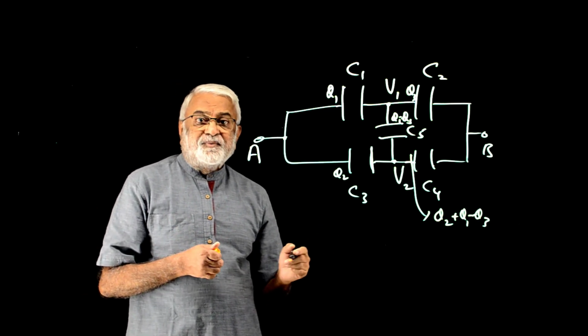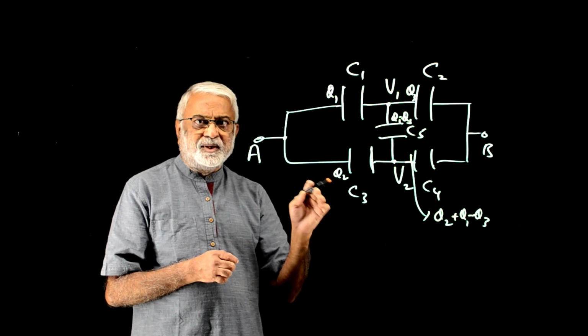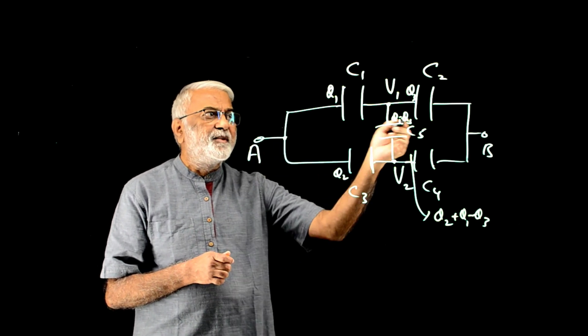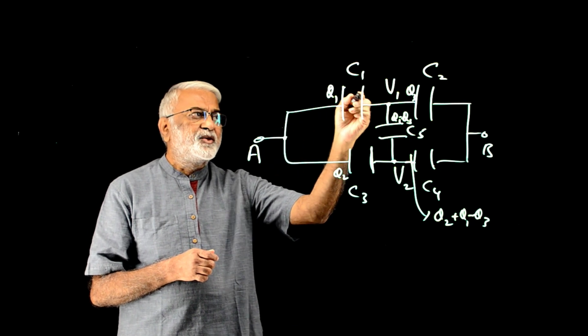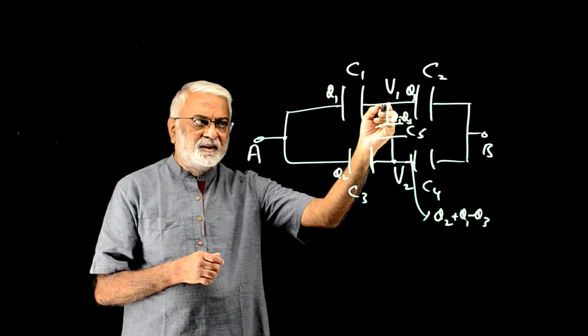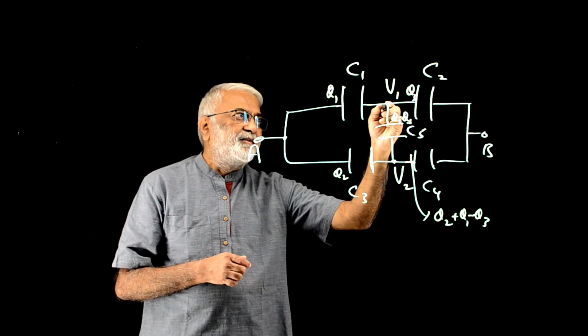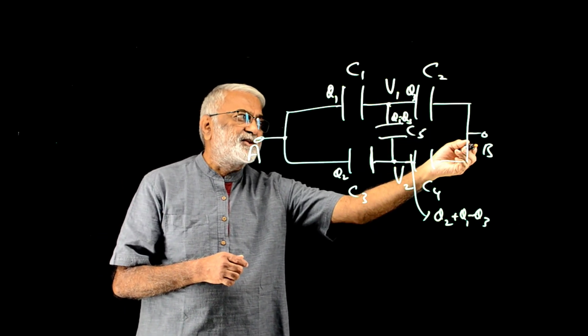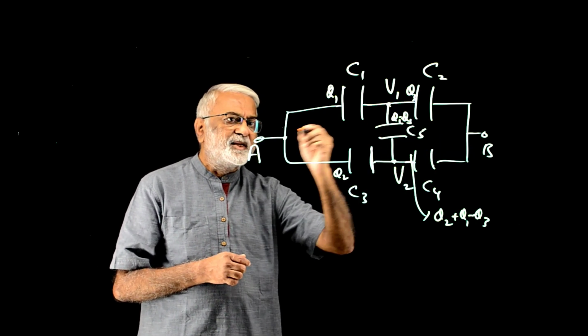Our interest is to find some relation between the Qs, and then we can get the potential between A and B in terms of this Q1. For example, VA minus Q1 by C1 will be the potential here, and then the potential here would be Q3 by C2 less, isn't it? This is V1 minus VB, which will be Q3 by C2.